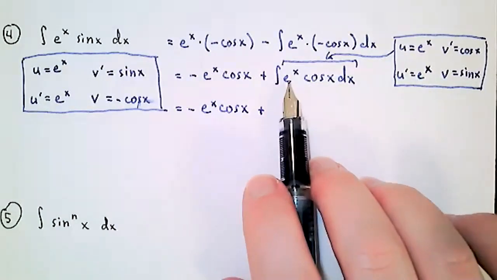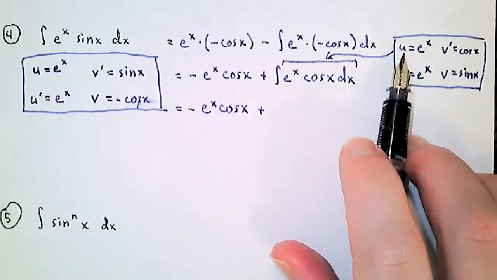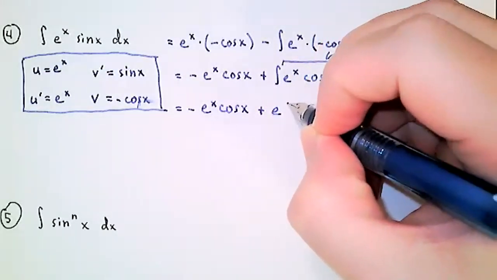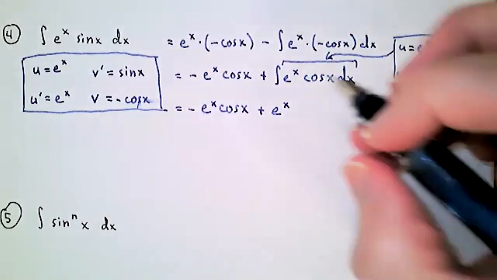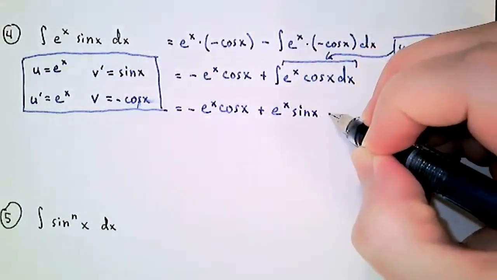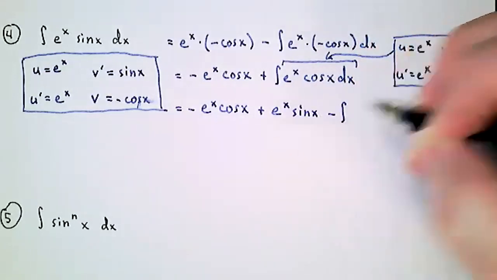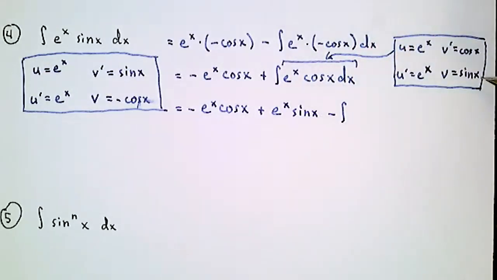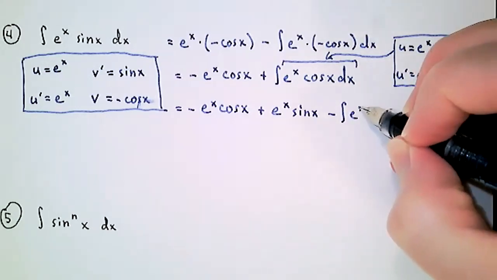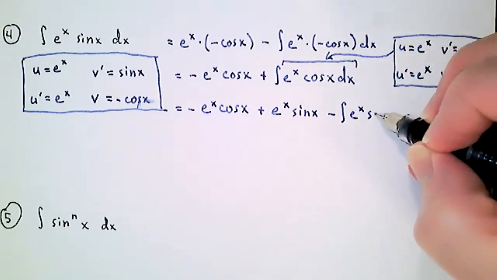So we need, for our integration by parts, u times v. So that's e to the x sine x minus the integral of u prime times v. So that's e to the x sine x.